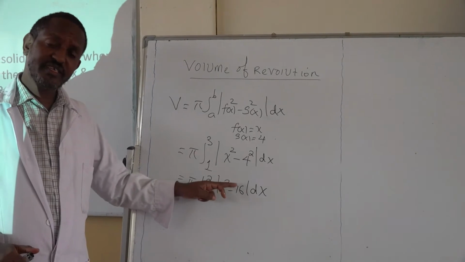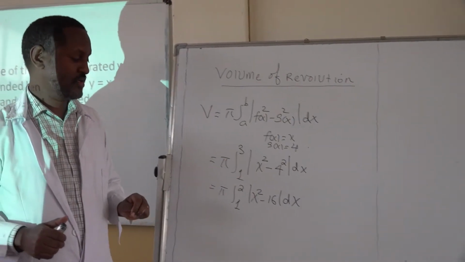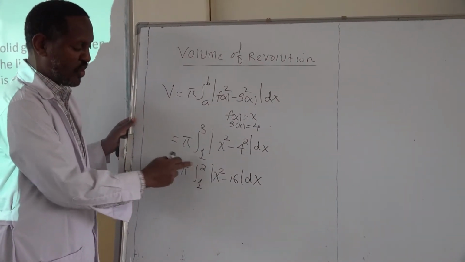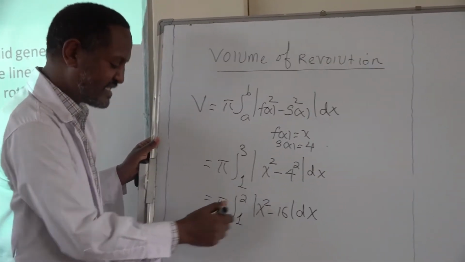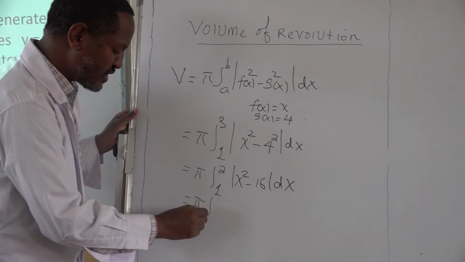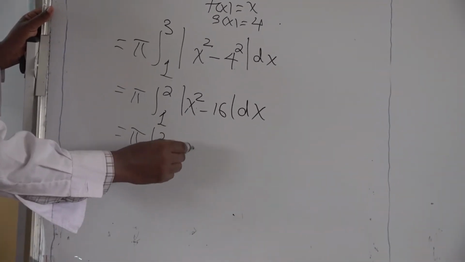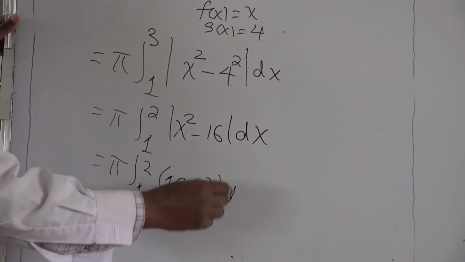Is x square greater than 16 or 16 greater than x square? Good. Obviously, for every x in the interval, 16 is always greater than or equal to x square. Therefore, the absolute value of x square minus 16 will be 16 minus x square, because 16 is greater than or equal to x square.